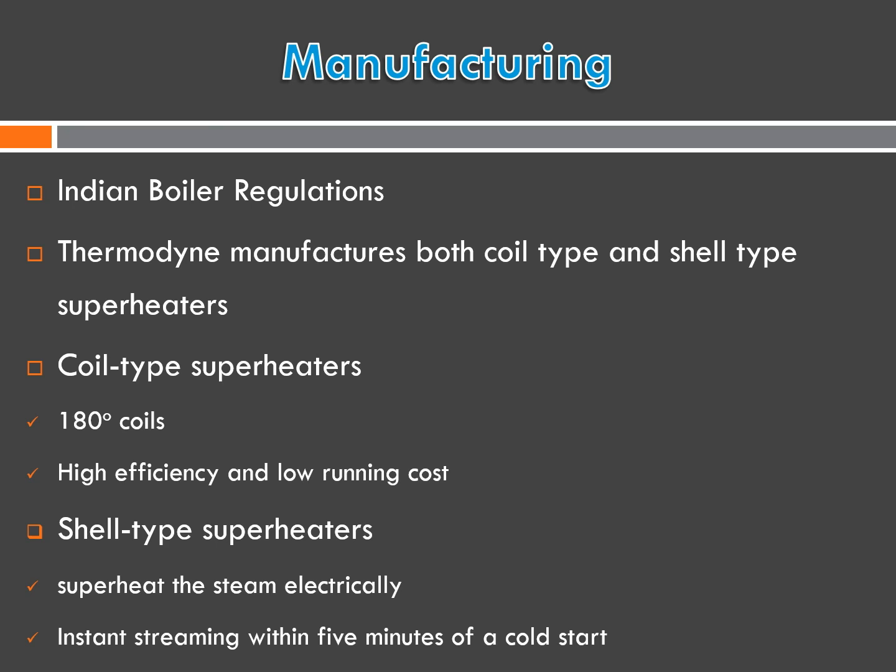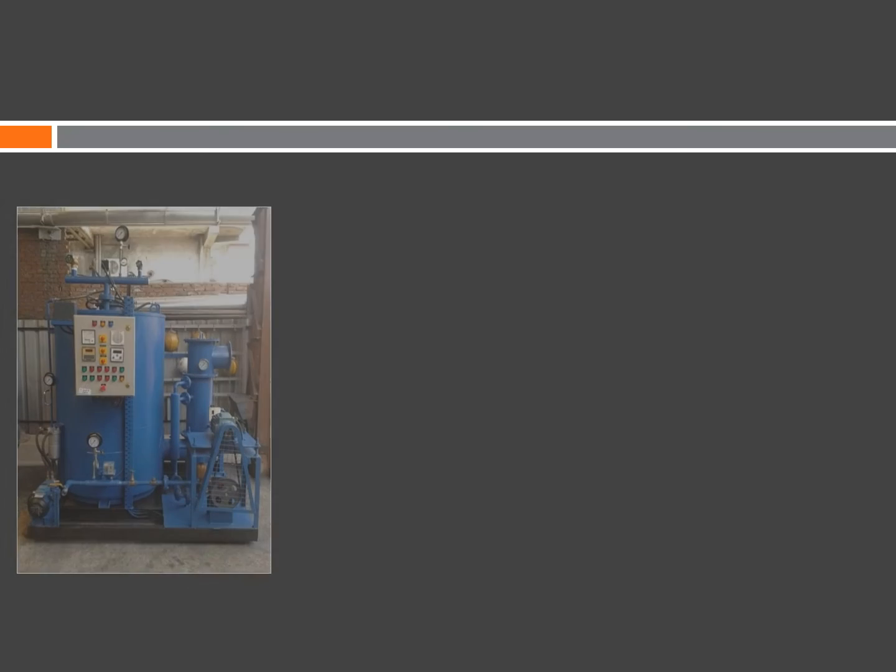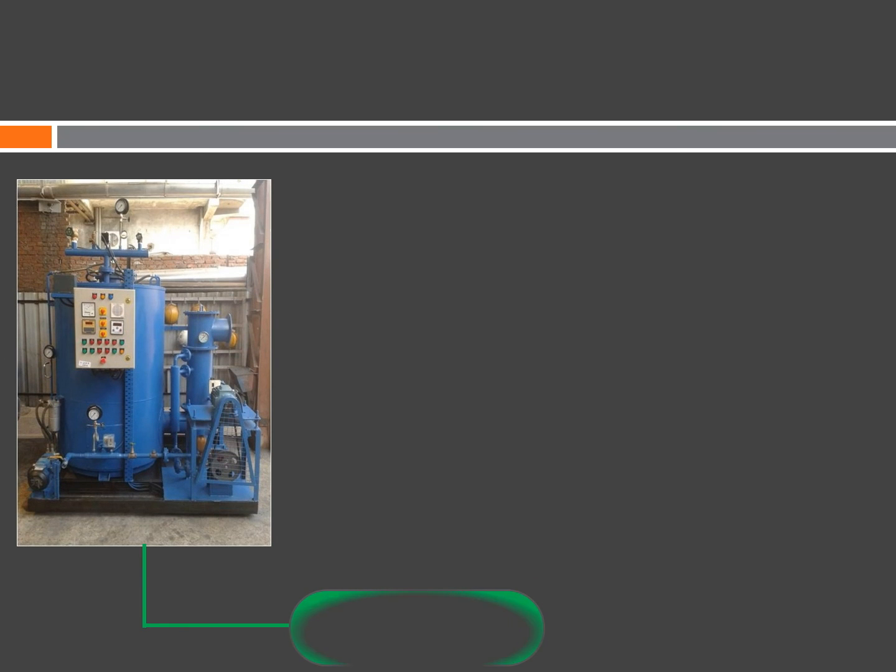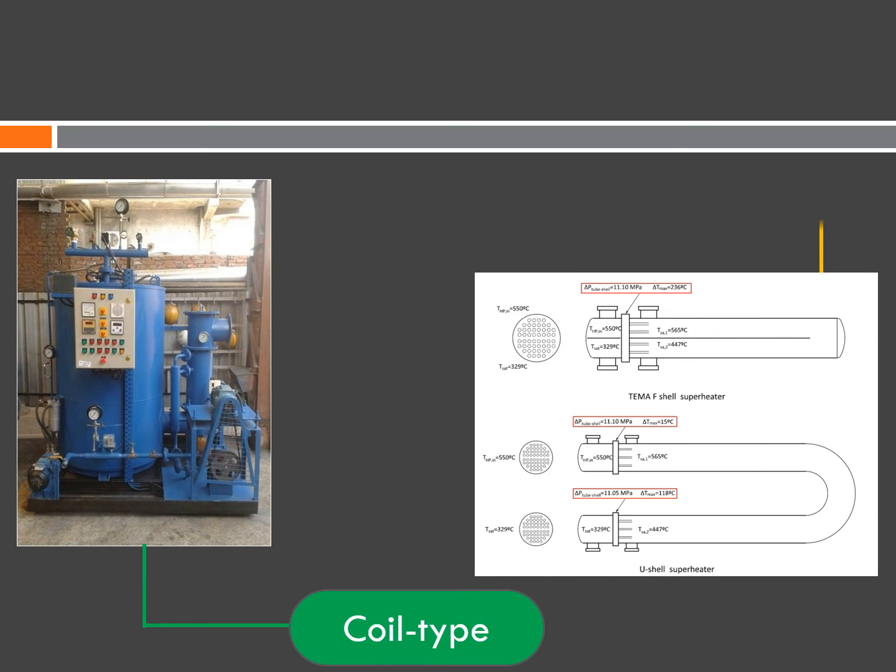That means when you start it, within 5 minutes the steam is heated. So these two types of superheaters are among the most efficient superheaters. These two images project the coil type and shell type superheaters respectively, as discussed in the previous slide.